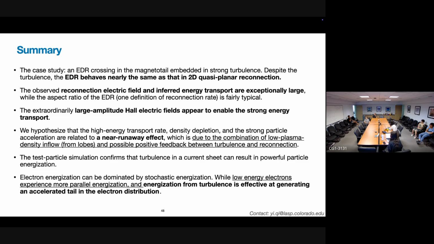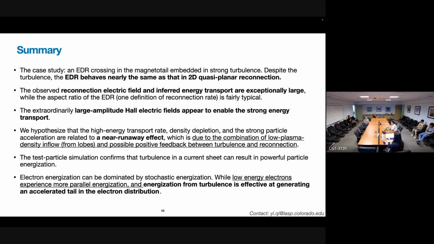In your observations, you show that there is a decrease in number density in the X-line. Is this feature specific to lobe or magnetic tail reconnection, or is it global for every other type of reconnection? Yeah, that's a really good question. It's not uncommon for tail reconnection to see a decrease of plasma density, because if you have lobe plasma involved, you can imagine.